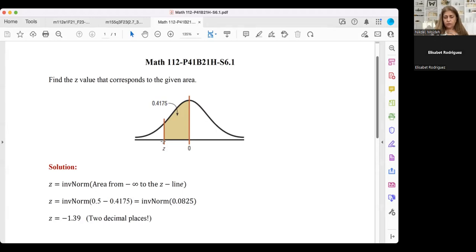So the area of the white plus the area of the yellow is 0.5.